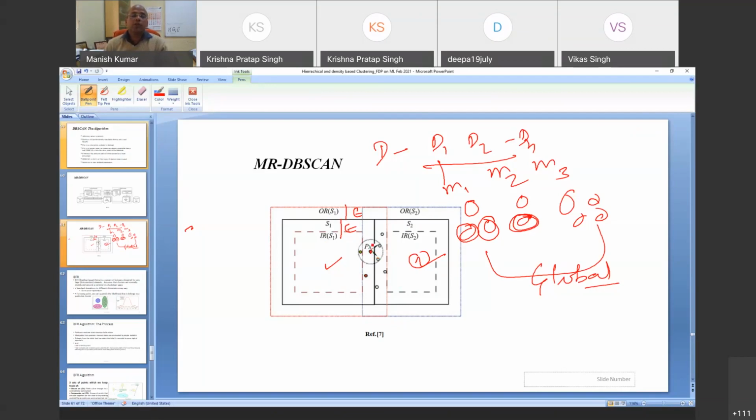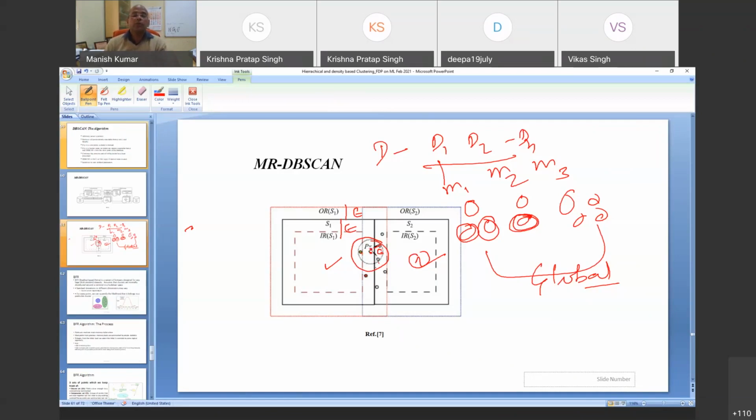So the merging criteria will depend on this. I select a point Px, which lies in the inner region of S1 or S2, either of these two, and then with a radius of epsilon distance I draw a circle and investigate what points lie in it. Suppose there is one point lying here, and 2 points here.